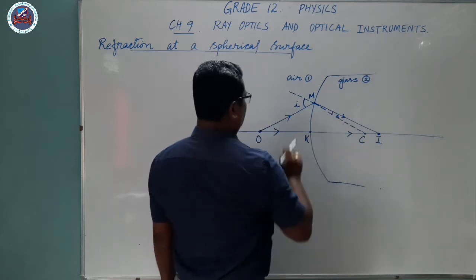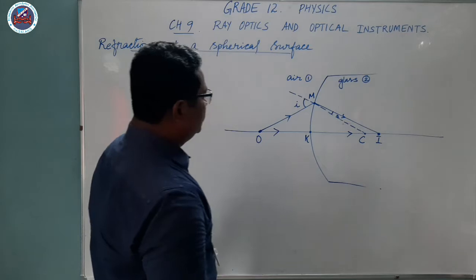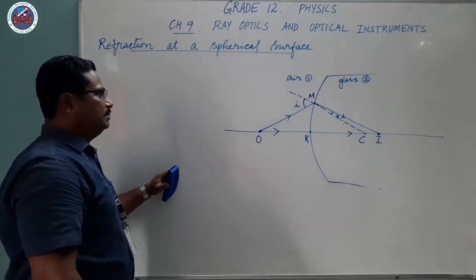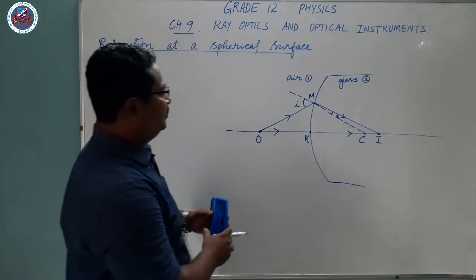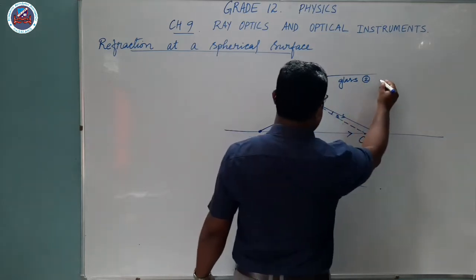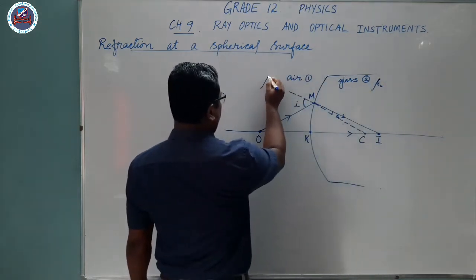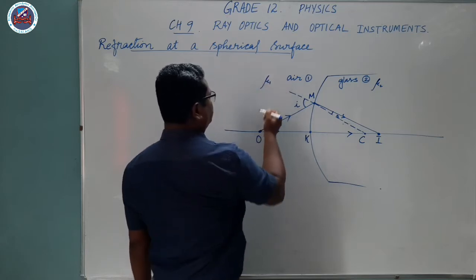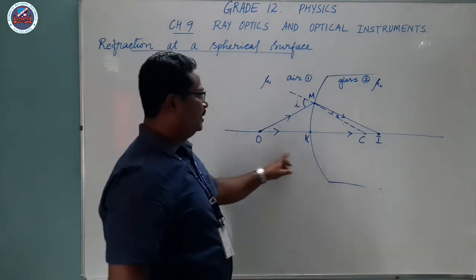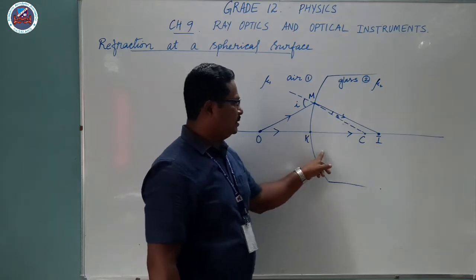This angle is R. To get a relationship between the refractive index of the second medium, mu2, and of medium 1, mu1, and the distances of the object, image and the radius of curvature.